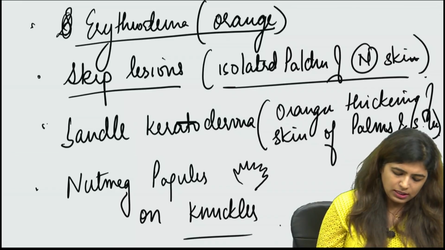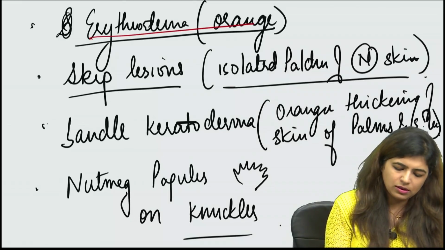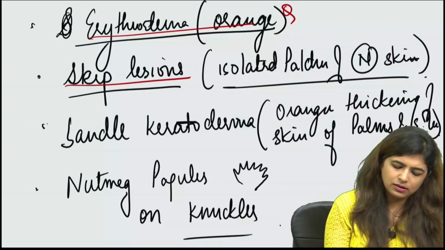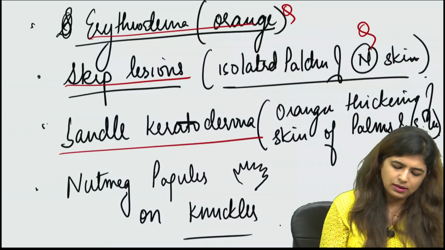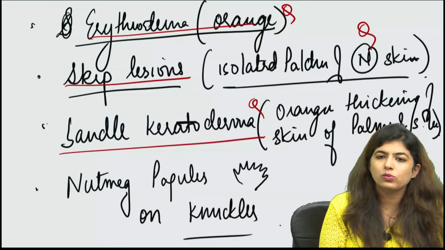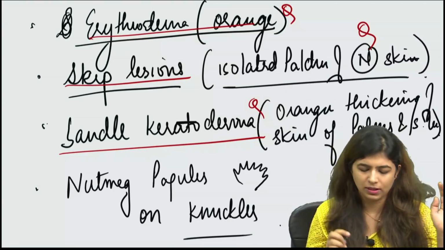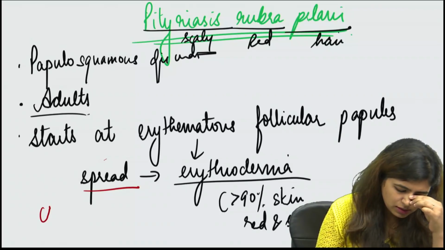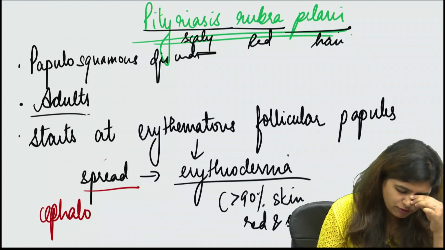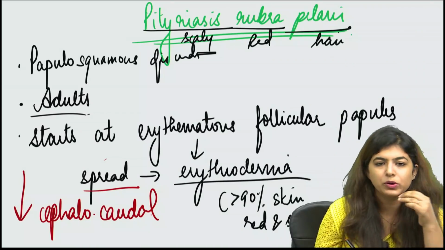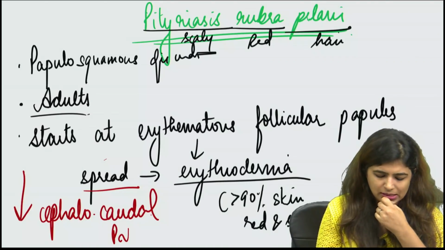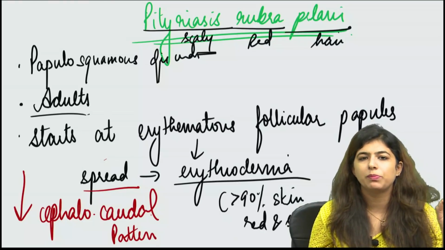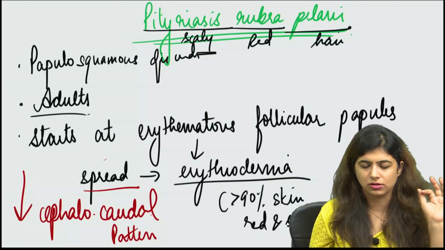Questions are generally on this erythroderma, then the skip lesions and sandal keratoderma. This is what is generally asked in the exam. One more point is how this spreads. This spreads in a cephalocaudal pattern, meaning top to bottom. This is the pattern of spread of the lesions.